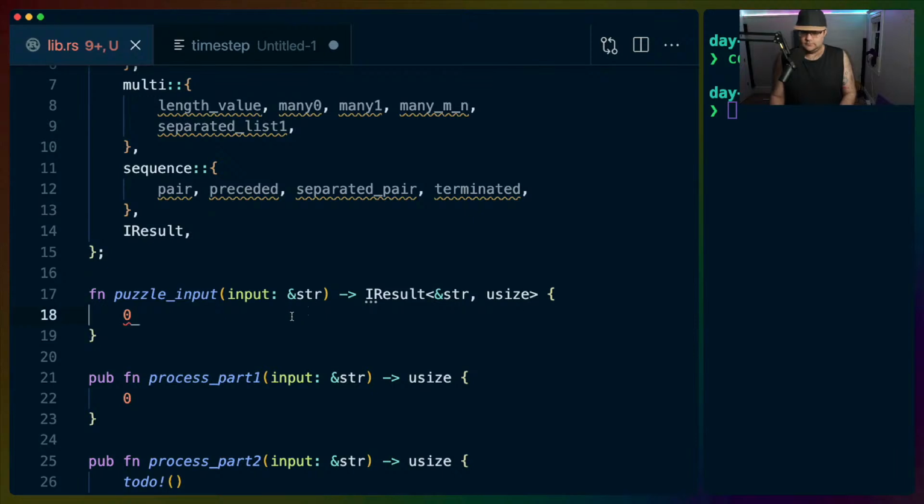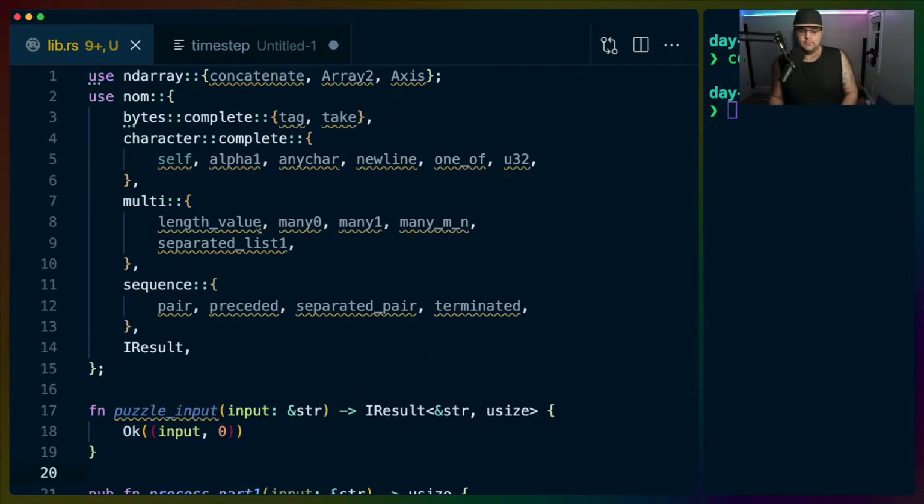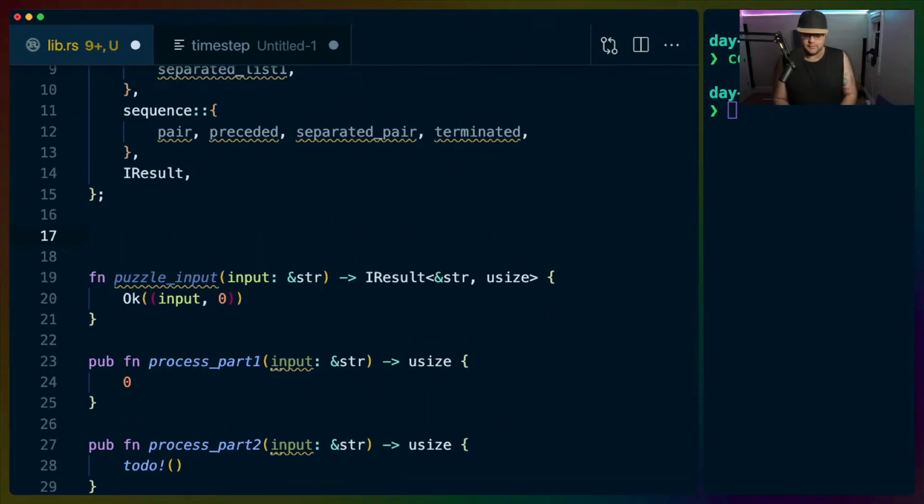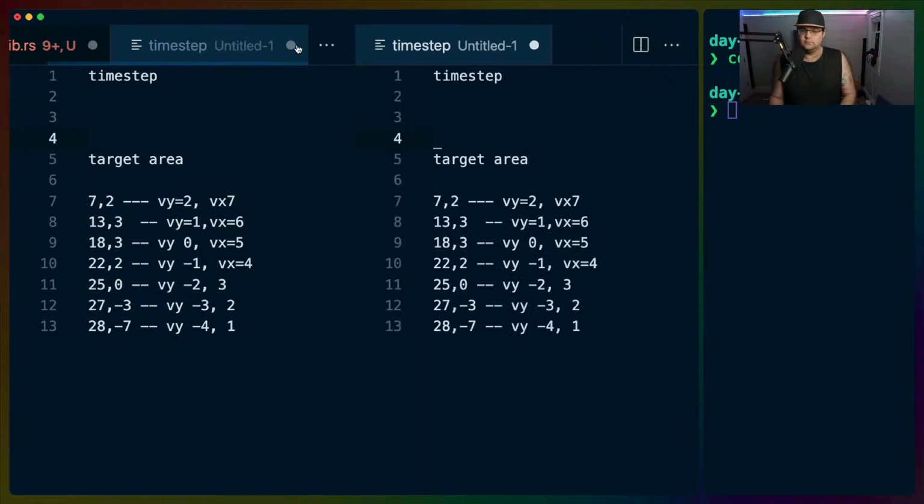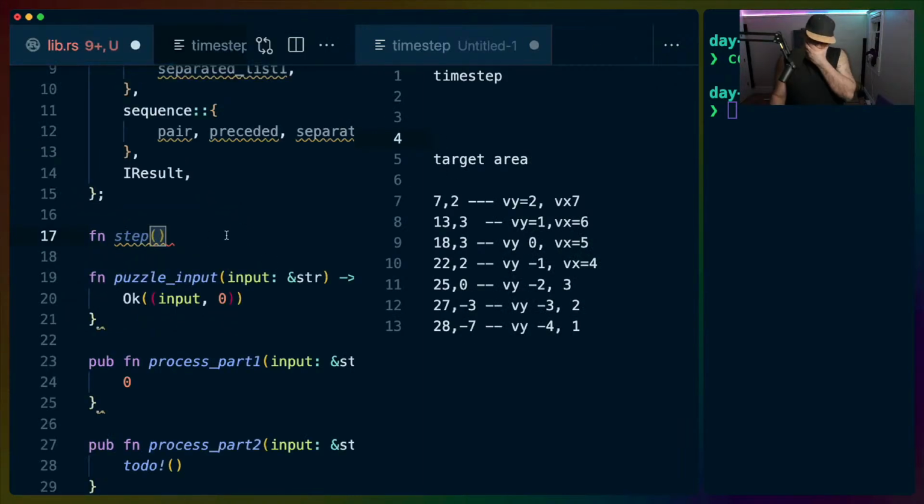Okay. So then what we have here is step or arc, initial position, which is a tuple.